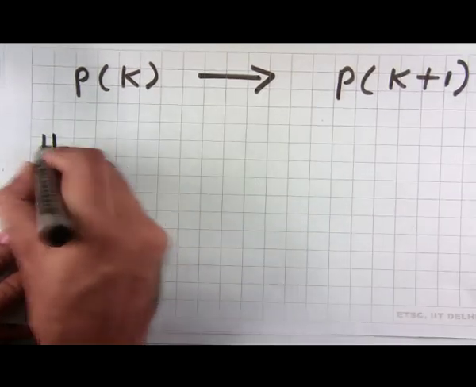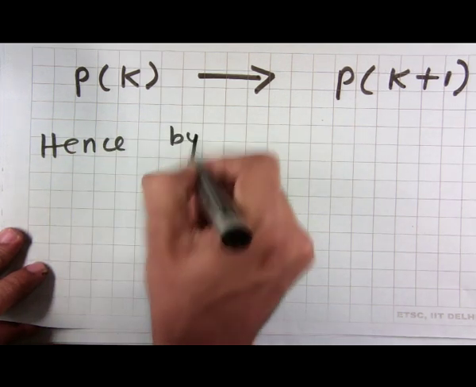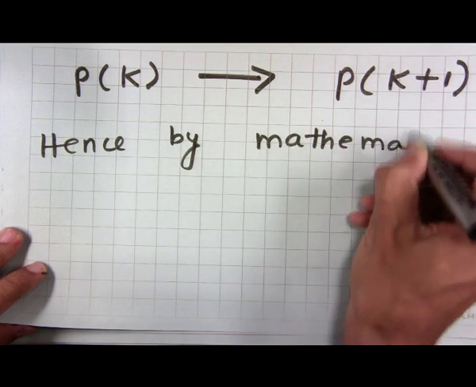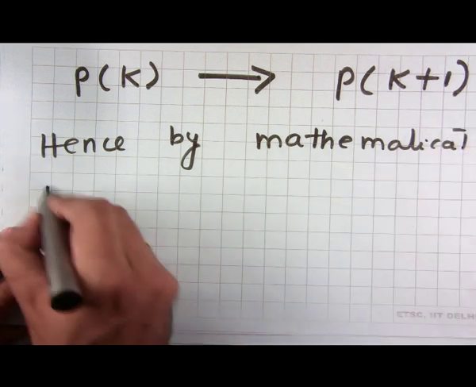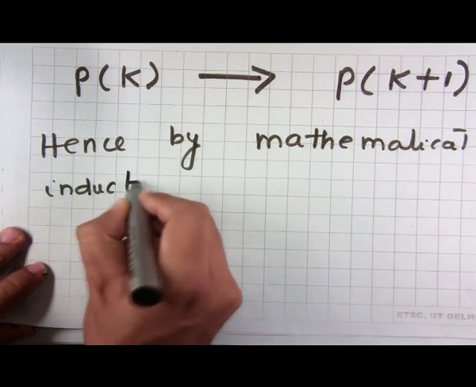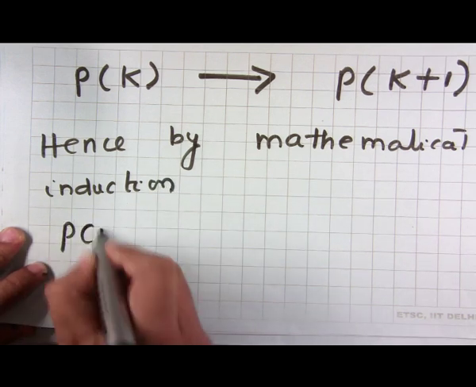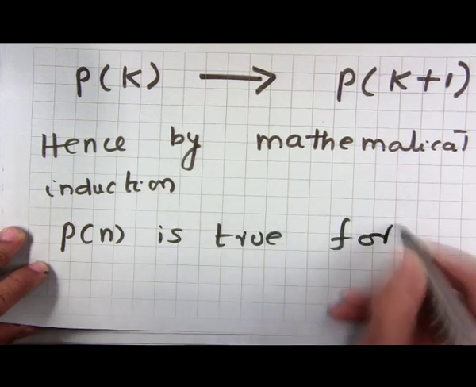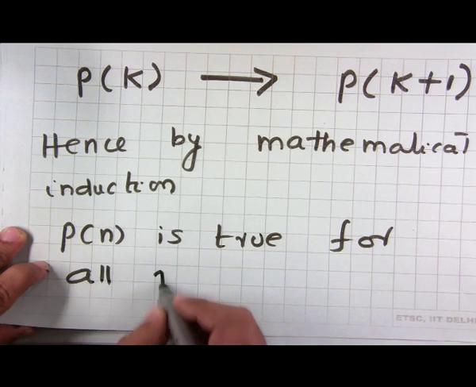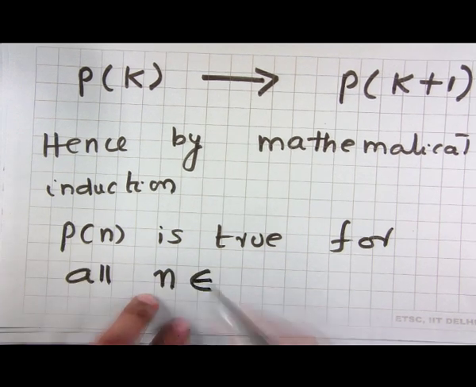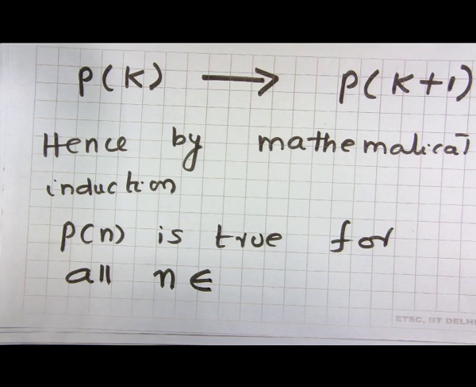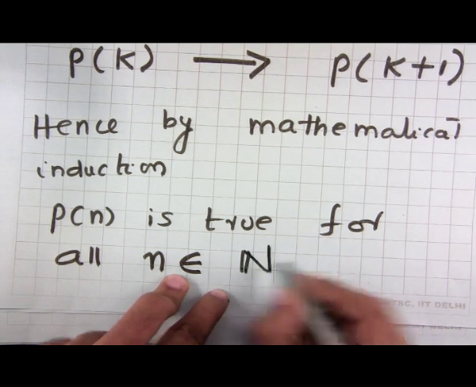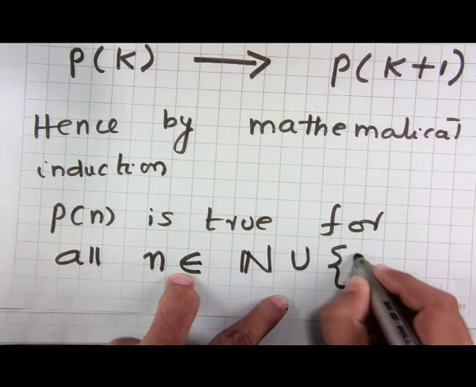Hence, by mathematical induction, P of n is true for all n, where n can be any non-negative integer. So, all n in the natural number system union 0.